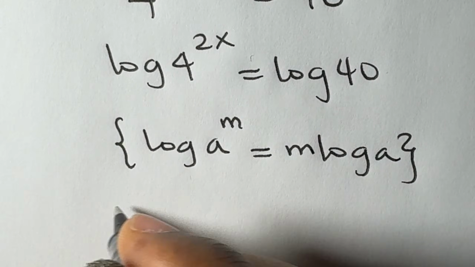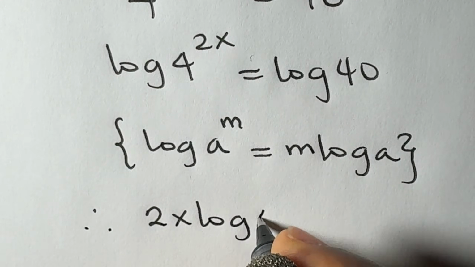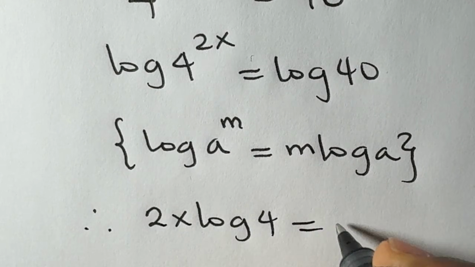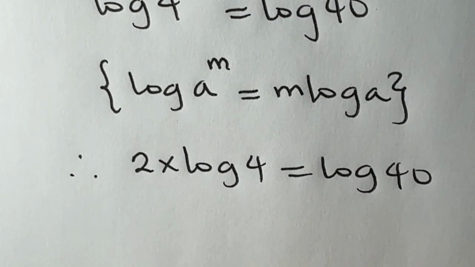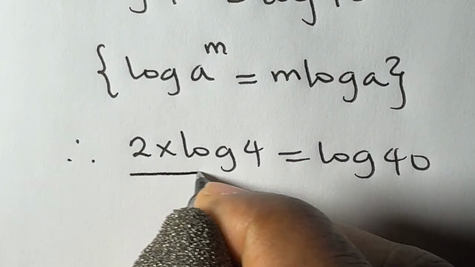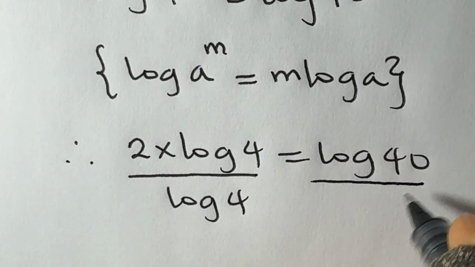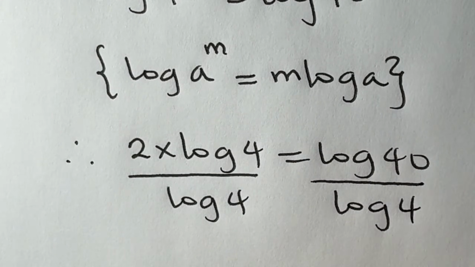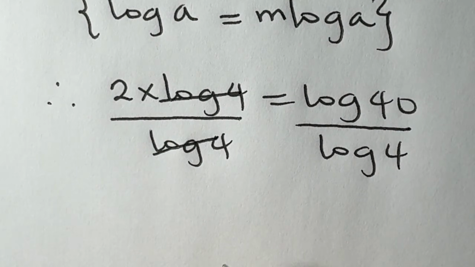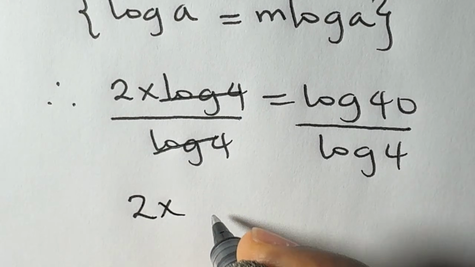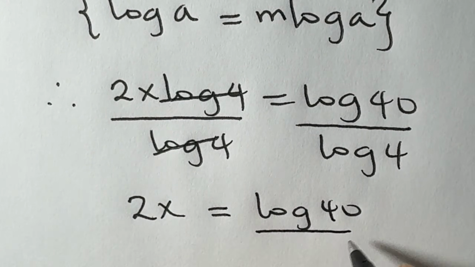Therefore, the equation becomes 2x log 4 is equal to log 40. I'm going to divide both sides by log 4. And we see that this cancels this, leaving us with 2x is equal to log 40 divided by log 4.